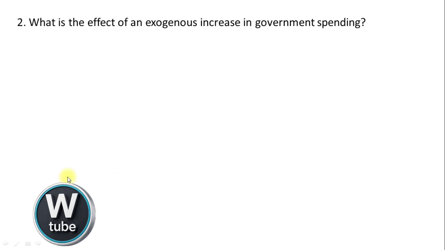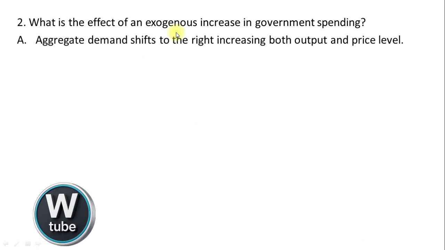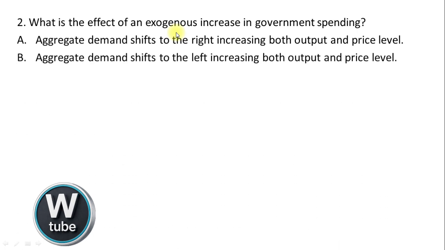Question number 2. What is the effect of an exogenous increase in government spending? A. Aggregate demand shifts to the right, increasing both output and the price level. B. Aggregate demand shifts to the left, increasing both output and the price level.